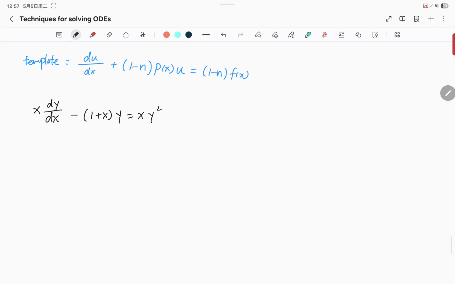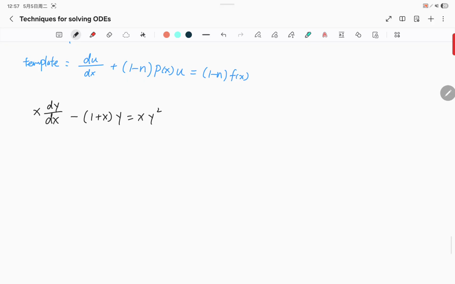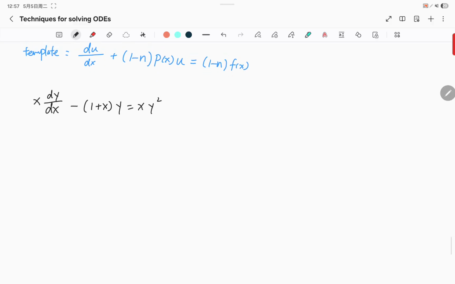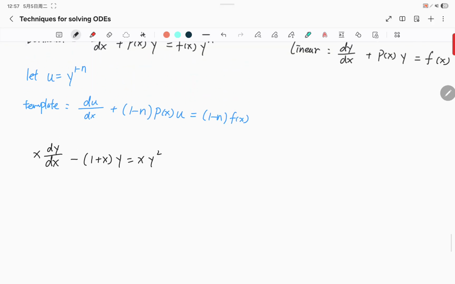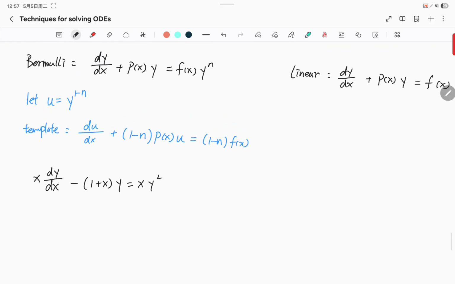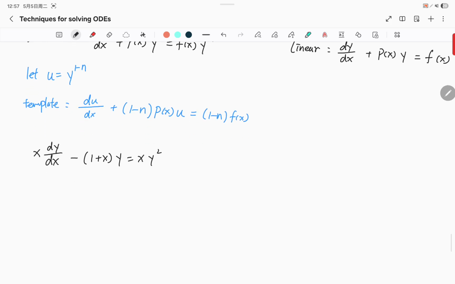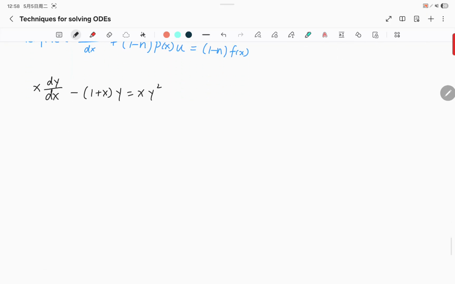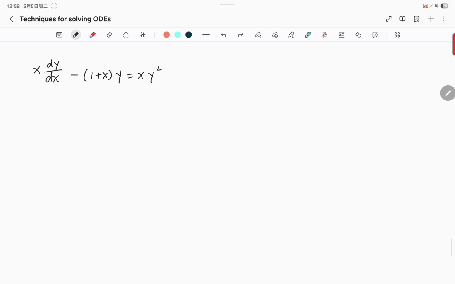This indicates that it is not linear, because the right hand side is not simply a function of x. So we're going to say let u is equal to... do we do this step right away? The answer is no, because we need to make it into the general form, where dy over dx has 1 in front of it, not x. So we're going to get rid of this x here, and that's why your equation may look a bit ugly. So we divide everything by x.